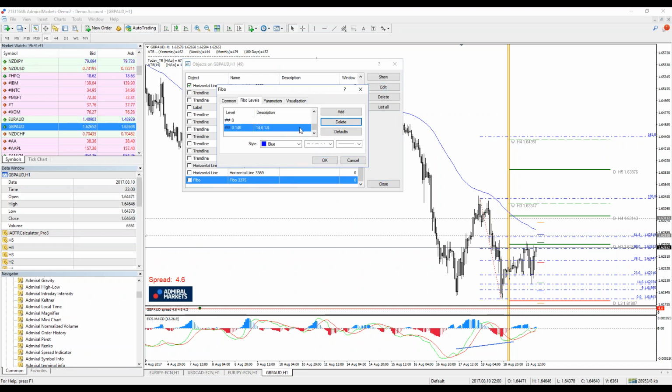I will add this. This is how you add Fibonacci levels. Okay. You see, this is how you add it.